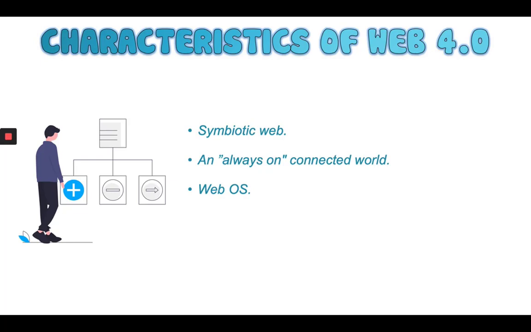In a symbiotic web, the boundary between man and machine will fade, which means humans can interact with the web just like with other people. The second one is an always-on connected world, which means this web environment must be always on. It allows users to meet each other on the web everywhere and anytime they want.